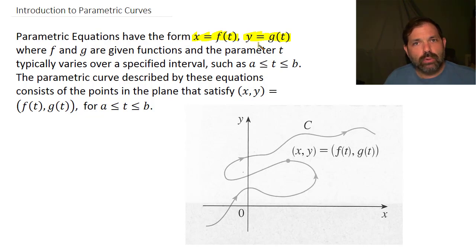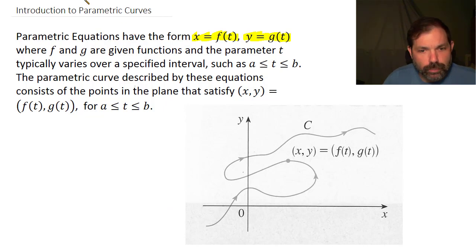And typically the t will vary over an interval, such as maybe a to b. And so then the parametric curve described by these equations satisfies the points f of t, g of t, for those t values between a and b.